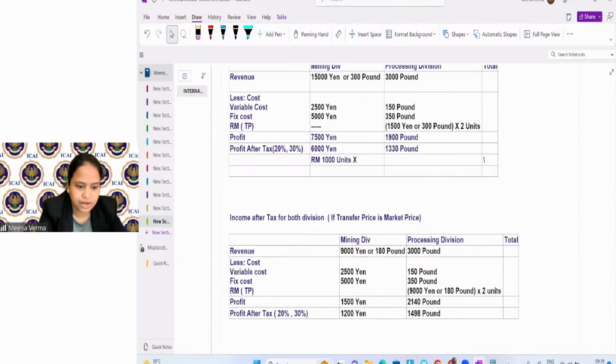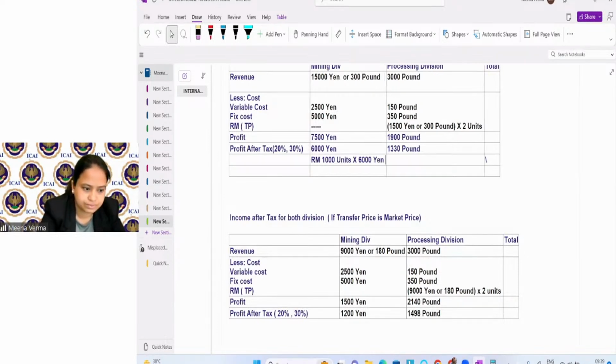And the final profit here is 6000 yen after tax.